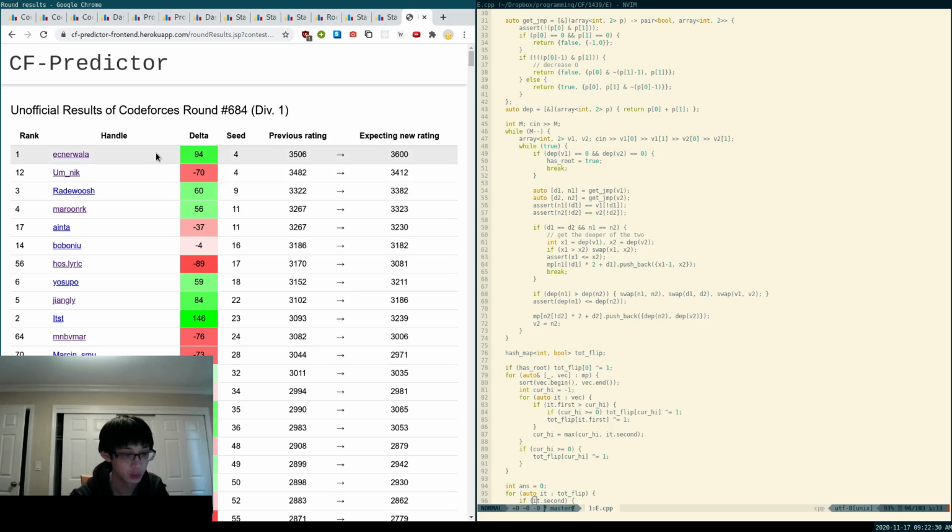We can take a look at that later. Looks like Nick has lost a bunch of rating because he failed. Raid gained a lot of rating, about 60. And congrats to, I don't know if I see anyone who became LGM. So congrats to Idar for becoming LGM and Aristo for becoming LGM.